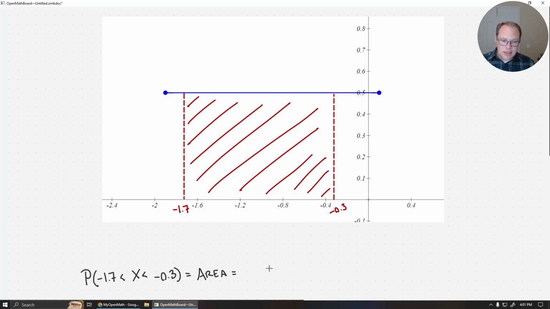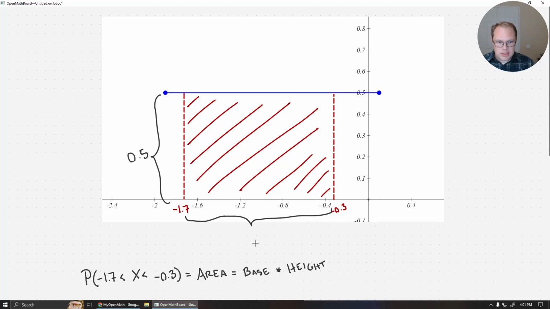Hey, it's a rectangle again. We know how to calculate the area of rectangles: base times height. Now the height is still 0.5. It's a rectangle, this line is straight all the way across, and so that height just stays at 0.5 the whole time. But this base, we need to calculate that.